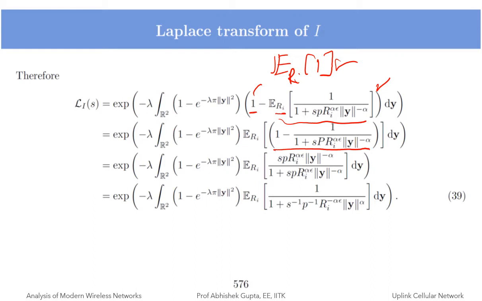Then I can do some manipulation and I get this just by taking the common denominator. And then I divide by this term in both numerator and denominator to get this. That is just trivial manipulation, which we also did in the downlink case.